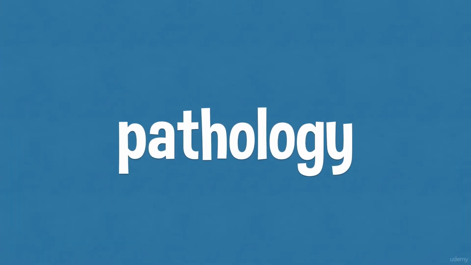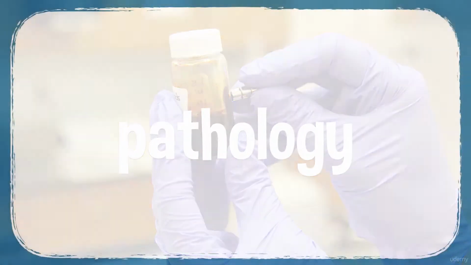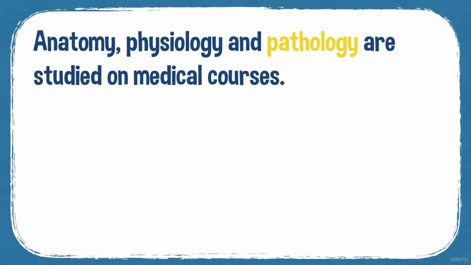Here's your next word, pathology. Pathology is the study of the way diseases and illnesses develop. So here you have a doctor in this picture trying to work out the pathology of a disease by analysing some blood. Here are some example sentences.